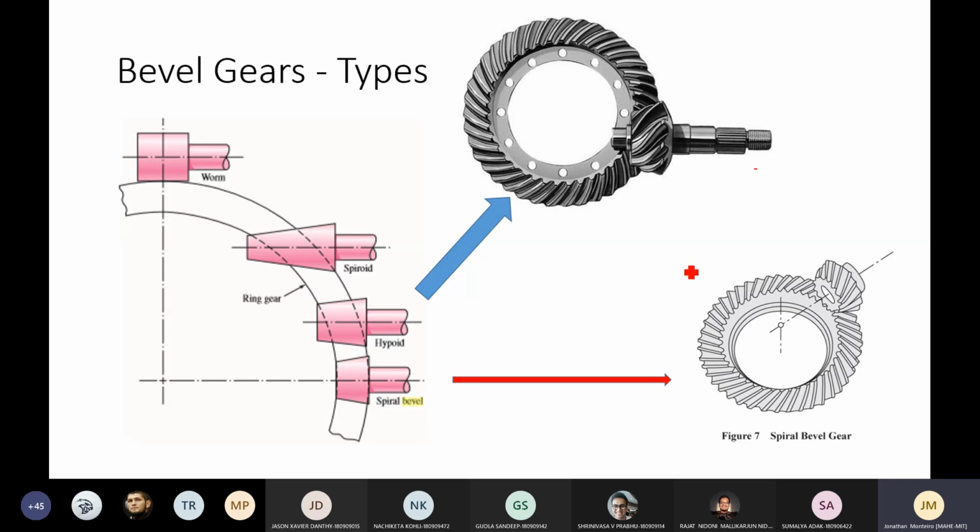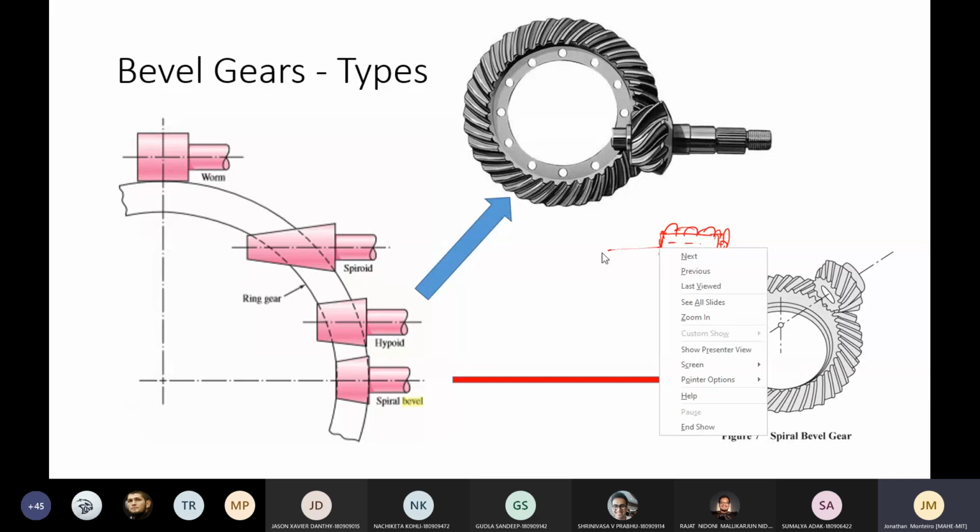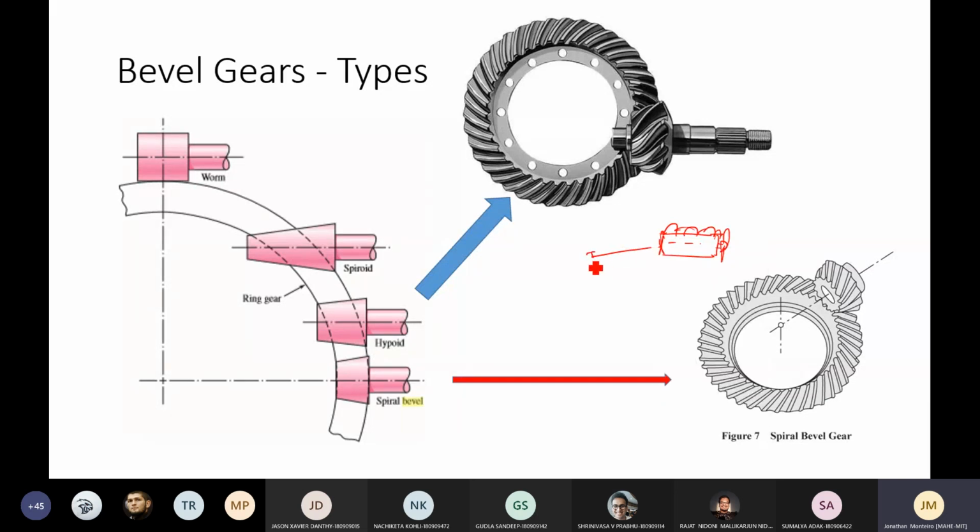Just imagine you have an engine over here, for example, with all the cylinders, the cooling fan, radiator, etc. And you have a propeller shaft coming out with the universal joints and such things. Finally, it will come to the rear axle. I'm talking specifically about a rear drive vehicle, as carried by SUVs and trucks, not the ones which generally come with low-cost cars.